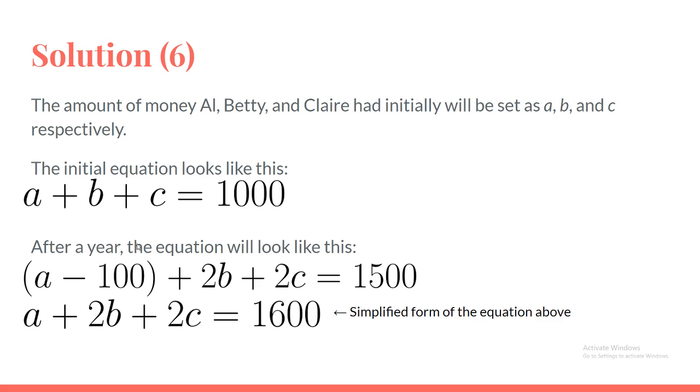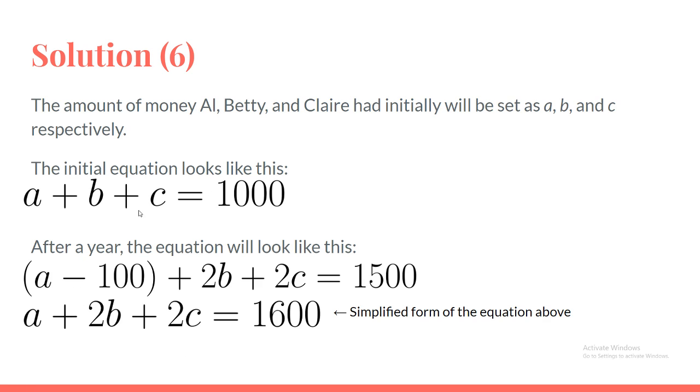And then after a year, in the problem, this equation will look like this. We have A minus 100 plus 2B plus 2C equals 1,500, which simplifies to A plus 2B plus 2C equals 1,600. Now, how do we get this, you may ask?